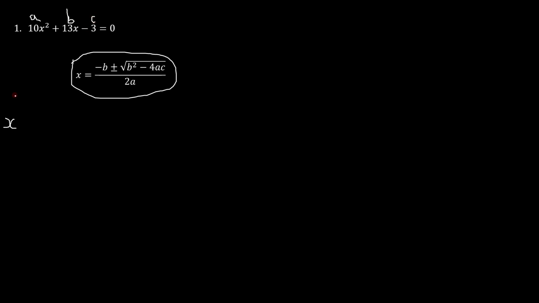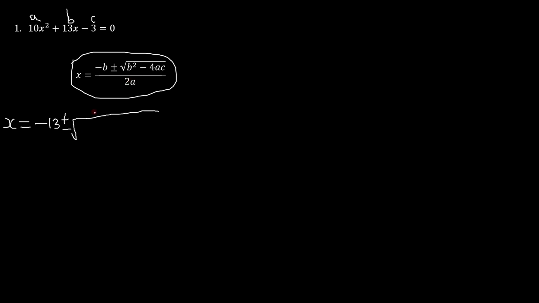So x is equal to, we find minus b, and this is 13. So we write minus 13 because that's what is in the formula. So plus or minus, we're going to write plus or minus the root.